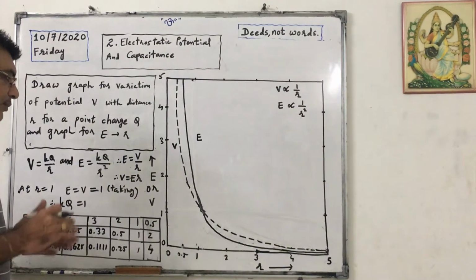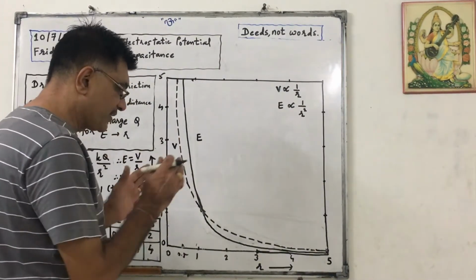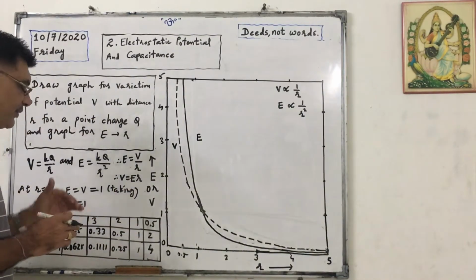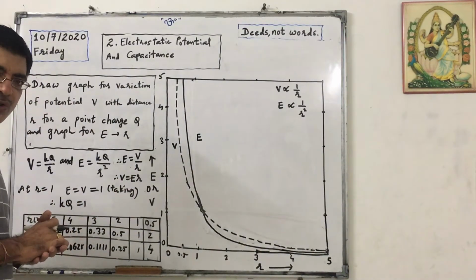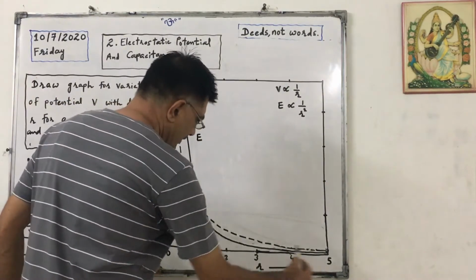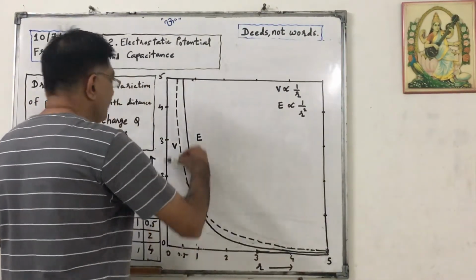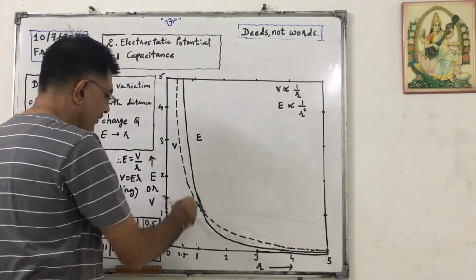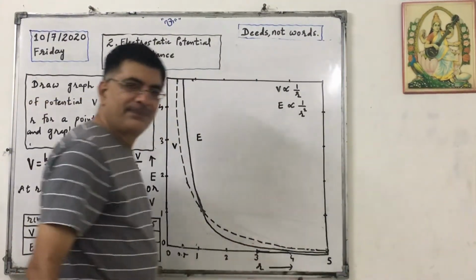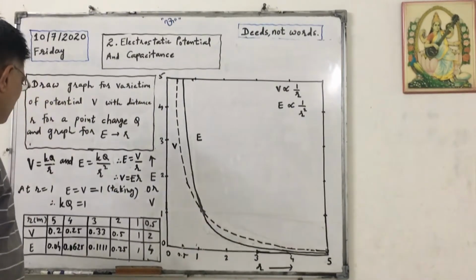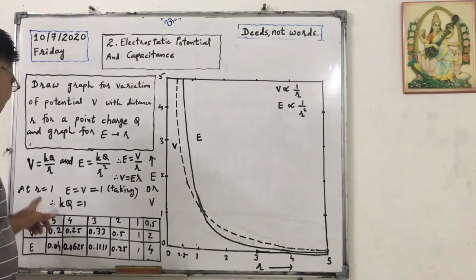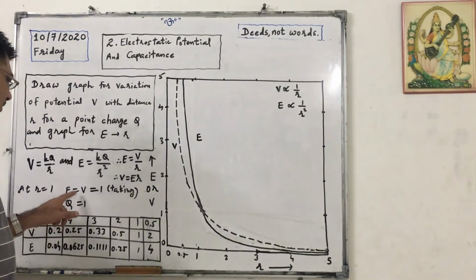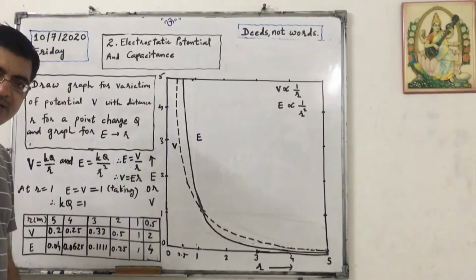But to draw a graph with proper concepts, we will assume some values. Here, we have taken a scale 1, 2, 3, 4, 5, on both axes. Here we will show E or V, here we will show R. Let us assume that at R equals 1, E and V both have equal value, that is 1.